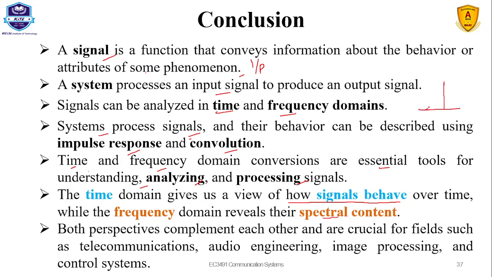Spectral component is nothing but the shape of the signal contained within the signal. Both perspectives, time domain and frequency domain, complement each other and are crucial in many fields like telecommunication, audio engineering, image processing, and control systems, which play a major role in our day-to-day life.